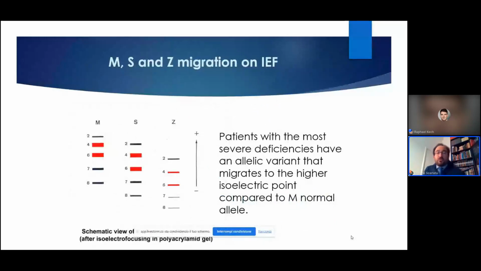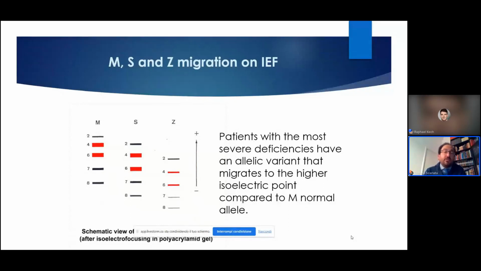In pathology, when some mutation occurs, keep in mind the principle that the patients with the most severe deficiency have some allelic variants that migrate to a higher isoelectric point. This is compared to the M normal allele.